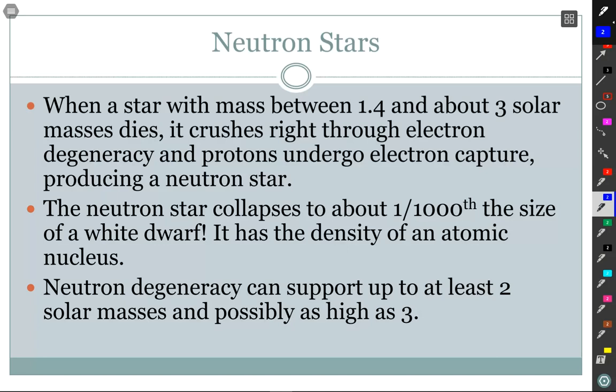And what keeps the neutrons from collapsing? Well, neutrons, are they fermions? Yes, so the Pauli exclusion principle applies to them. Now, because you don't have this electron gas anymore, they collapse much more, like 1,000 times smaller. And it's then the neutron degeneracy that keeps it from collapsing.